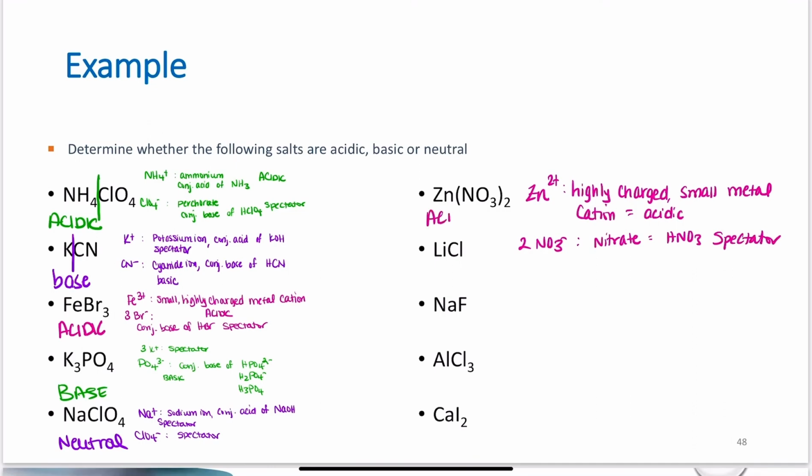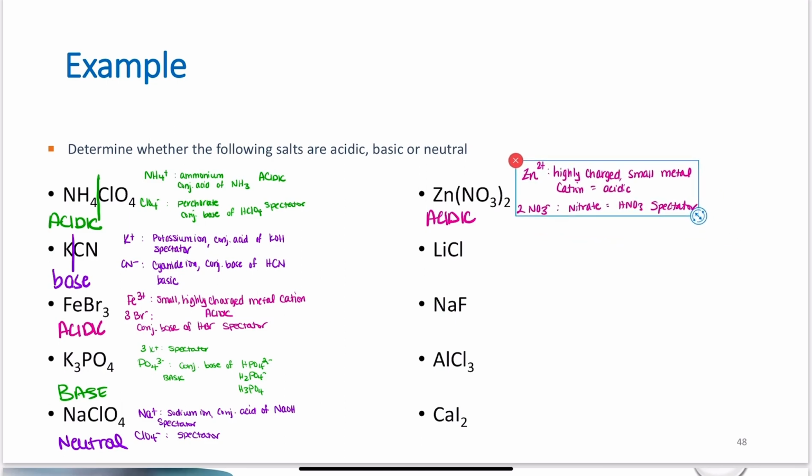So overall, this will be acidic. Lithium chloride, lithium ion from lithium hydroxide, spectator, because it comes from a strong base. Chloride ion from HCl, spectator, and neutral.